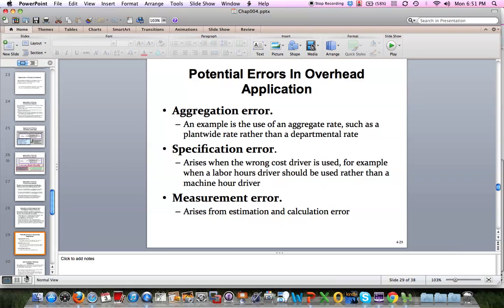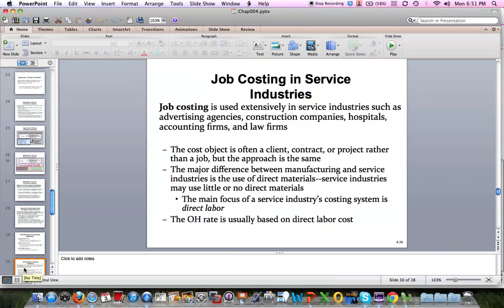Okay. Finally, the last thing we're going to talk about in this chapter is job costing in the service industry. They give us that information on page 107 and finish it up on page 108. Job costing, we know, is used a lot in service companies. Just think of any service you've ever had done and imagine how that company calculated what it cost them to deliver that service.